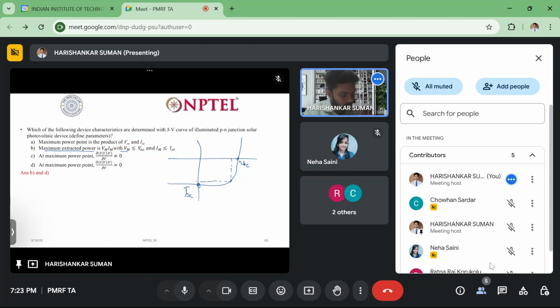At the maximum power point, if we take the partial derivative of power with respect to voltage, it should be 0.